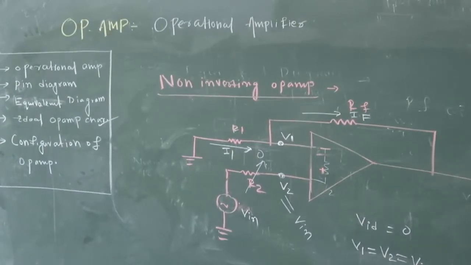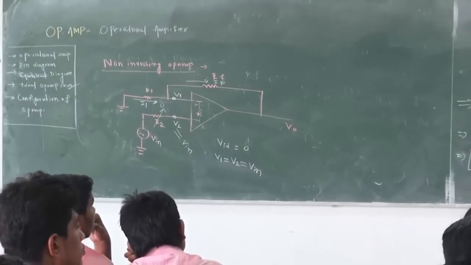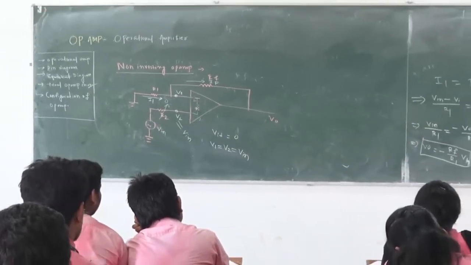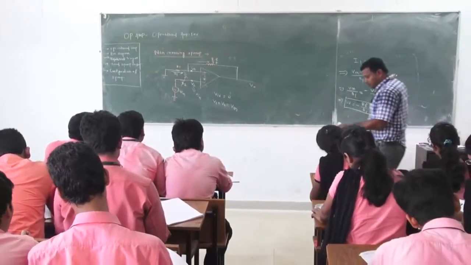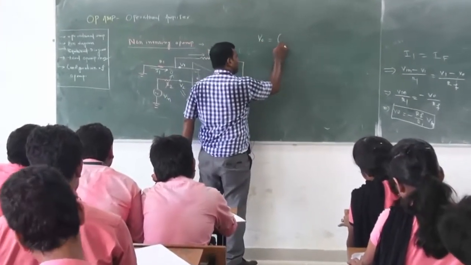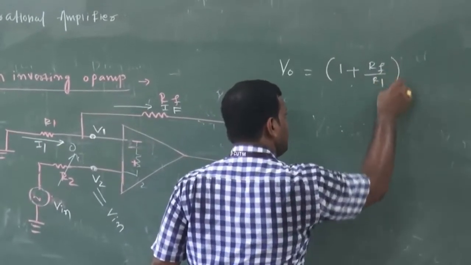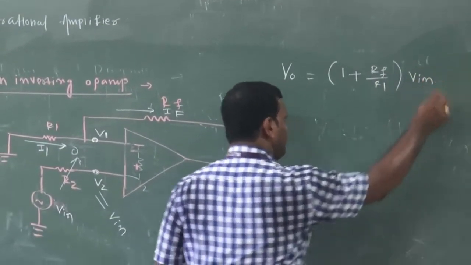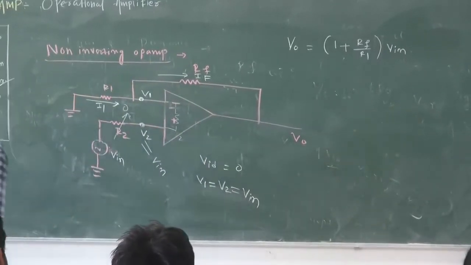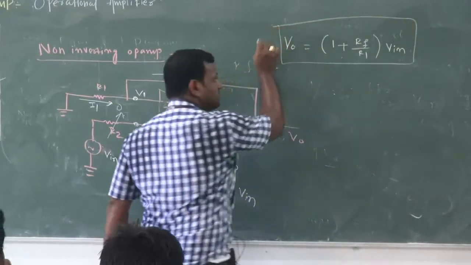How much did you get for V0? With this, if you calculate, it will come V0 equals 1 plus RF by R1 into V in.